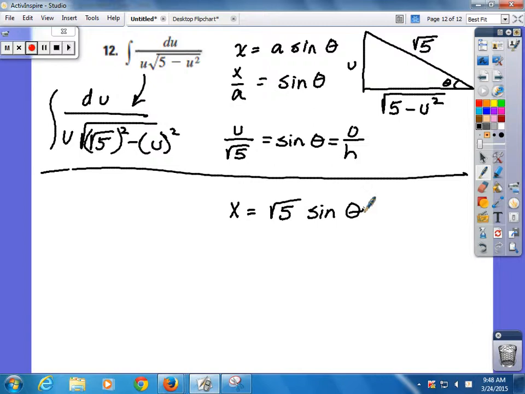If that's equal to x, then dx, the derivative of the sine is the cosine, right? So square root of 5 cosine of theta. And now you just got to find the relationship out with this right here.